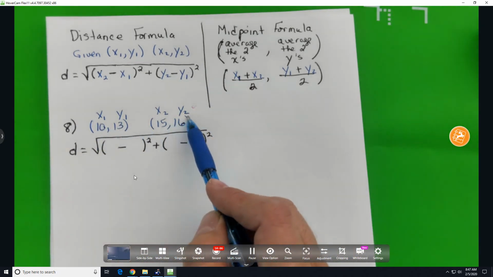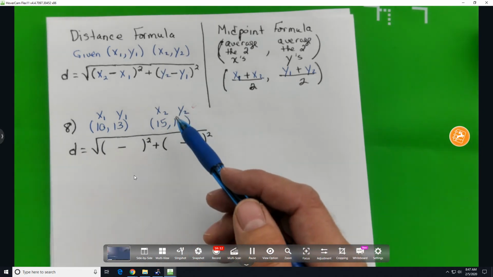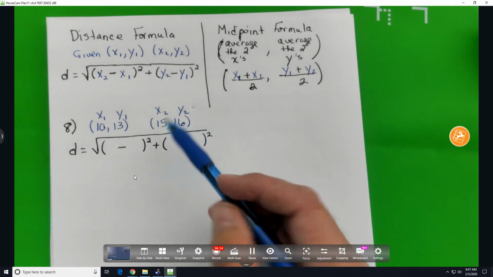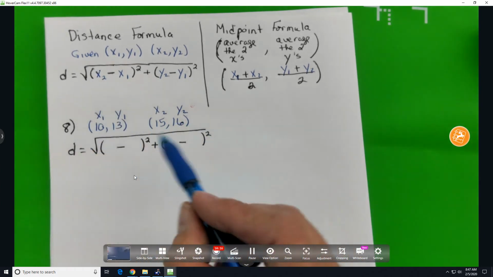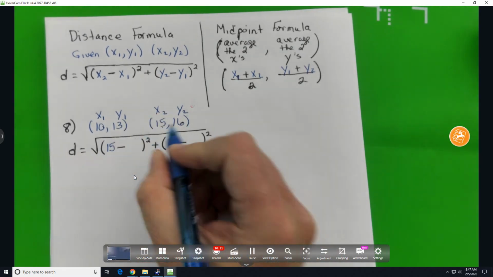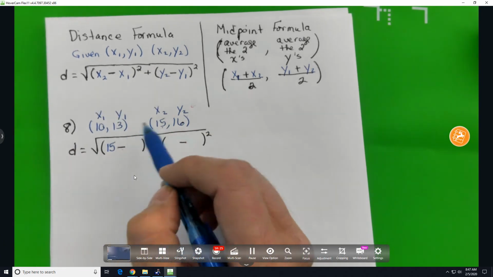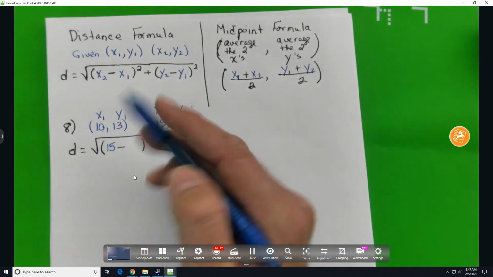That's the thing about a formula: you plug into a formula. But the cut point method is not a formula. You're not plugging into anything. So x2 is the blue 15. Then the black minus is from the formula. x1 is the blue 10.